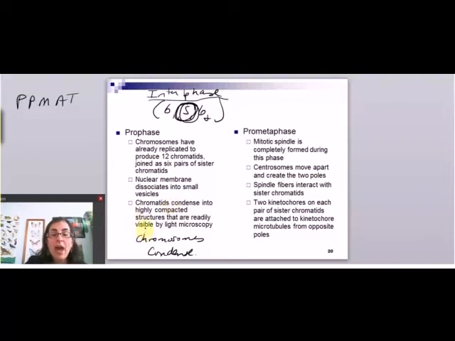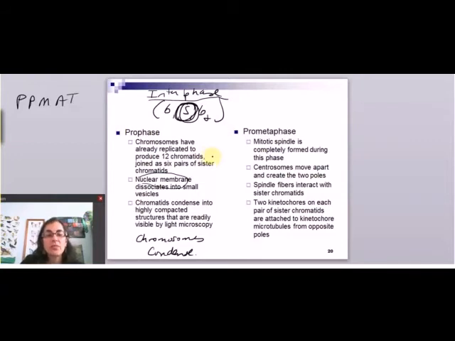The very first thing that happens in prophase is that DNA becomes very condensed, and when you're looking in the microscope, it's going to look much more noticeable. At the same time, the nuclear membrane begins to dissolve. So you'll see that when you look in, for example, the microscope, you'll see the little membrane kind of around the DNA. What will happen is that will disappear, and the DNA will be kind of all over the cell.